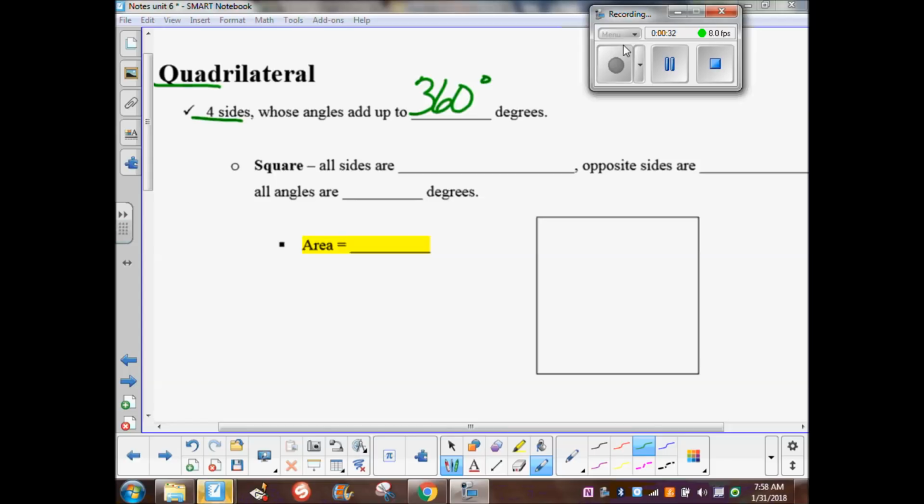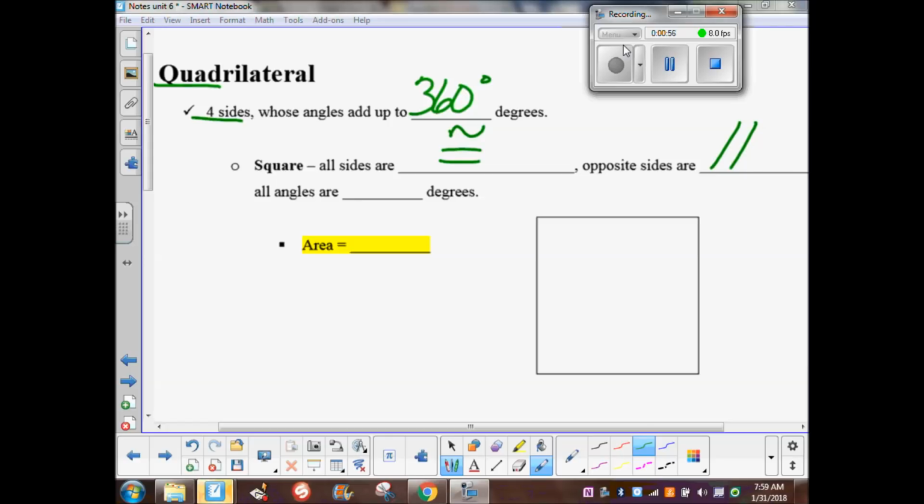Square. All the sides are what? Yep. And we're just going to make that congruent instead. Okay, we're going to say congruent. Generally, we tend to use that a little bit more in geometry. Opposite sides are parallel. Okay, that's the symbol for parallel.